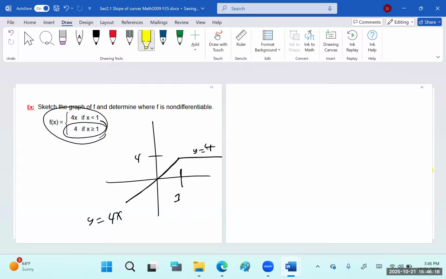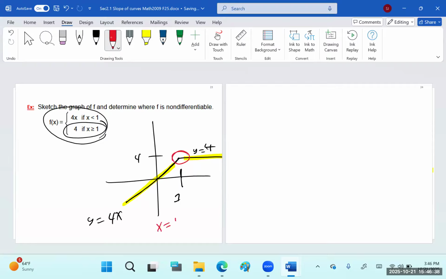Now we know from here to here, there is no problem. It's continuous. From here to here, there is no problem because it's continuous. The two pieces don't have any problem. But how about the intersection? It's a sharp corner. So this intersection has a problem.